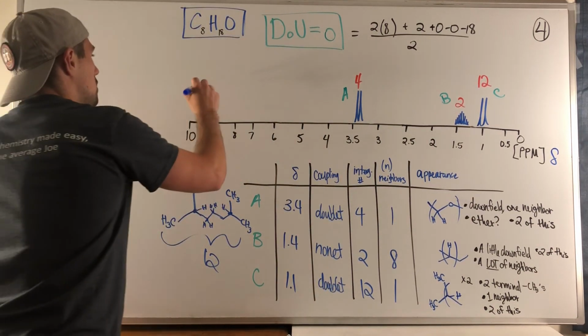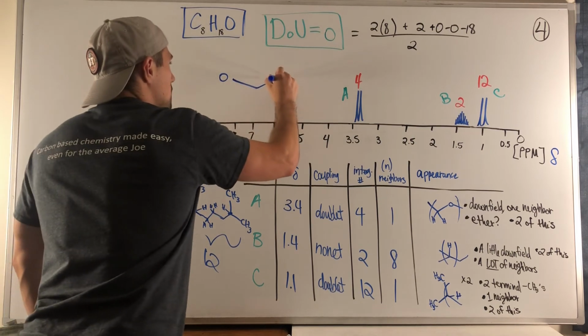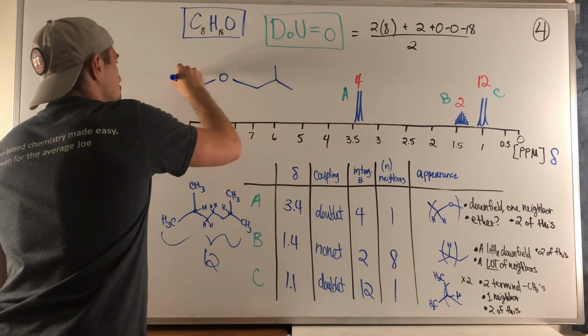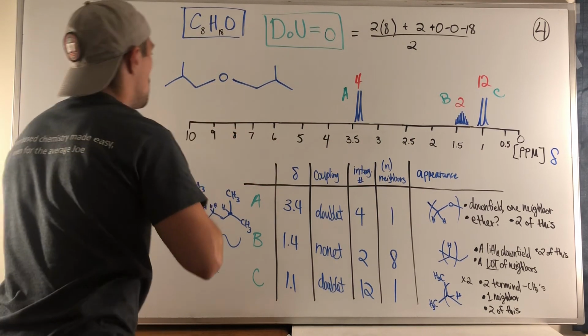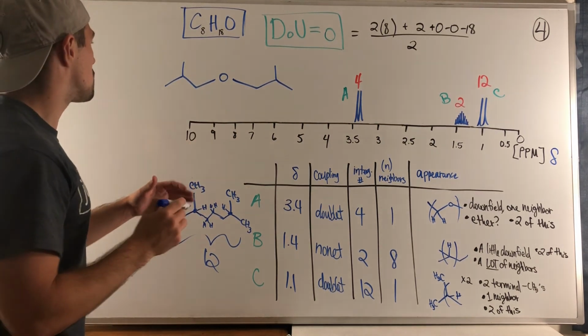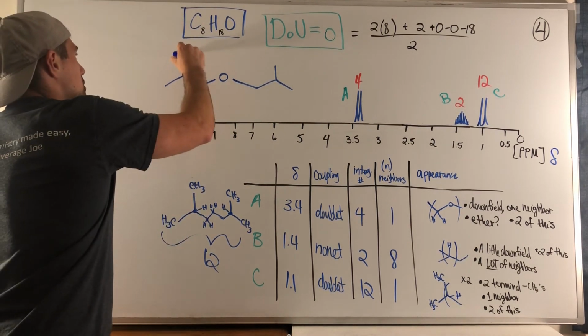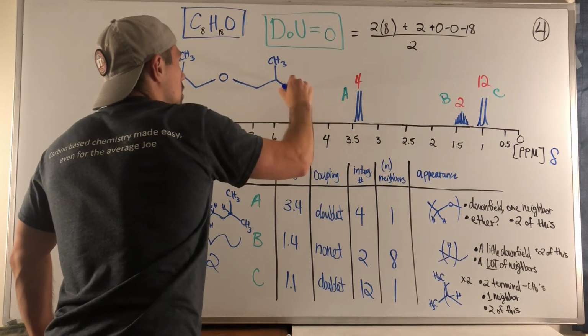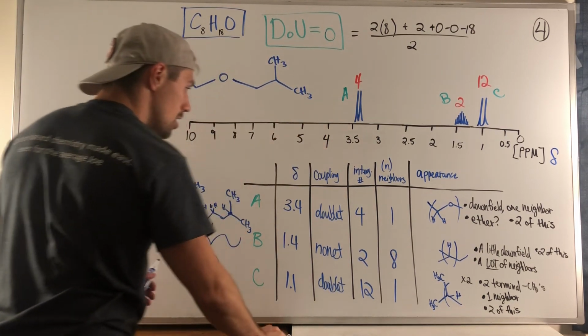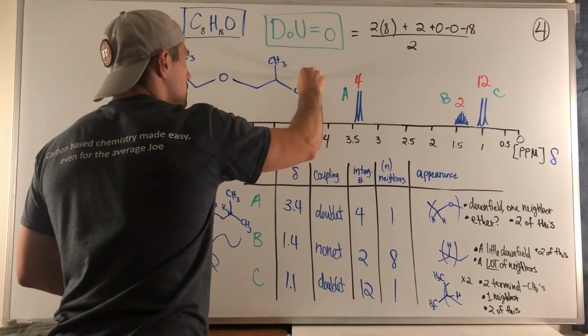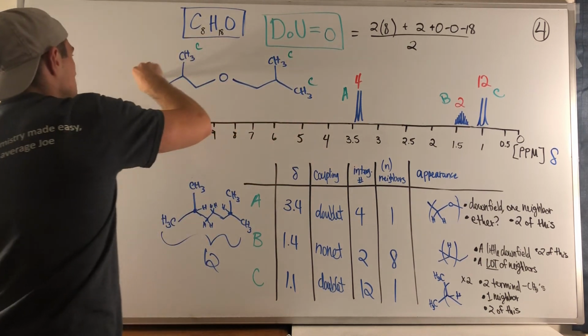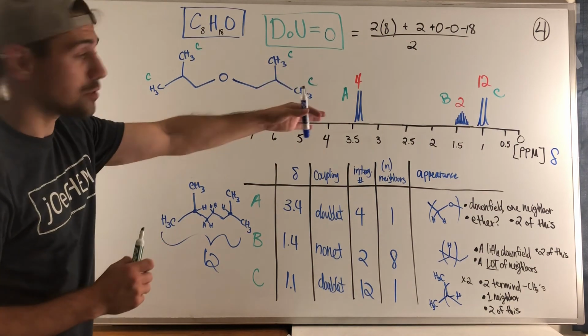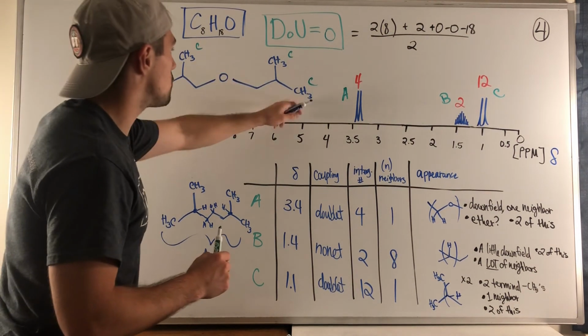So I think a molecule that looks like this, and again, let's draw and check ourselves, might just work. So here are our CH3s right here. I'm saying these terminal carbons correspond to peak C. C, C, C, and C. That explains the integration number of 12: 3, 6, 9, 12.